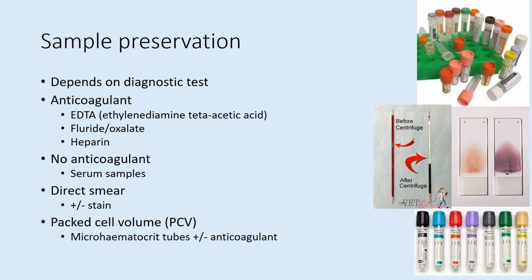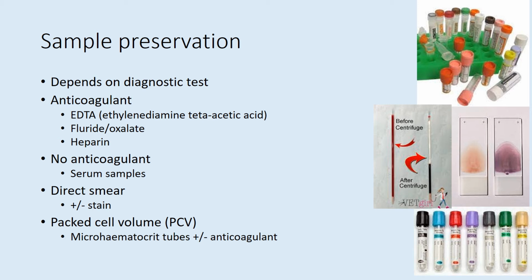If you're running a PCV test directly from an EDTA sample, so an anticoagulant is already in that, then you will not use a microhematocrit tube with an anticoagulant in it because you already have one, so you'll use a plain tube in that situation.